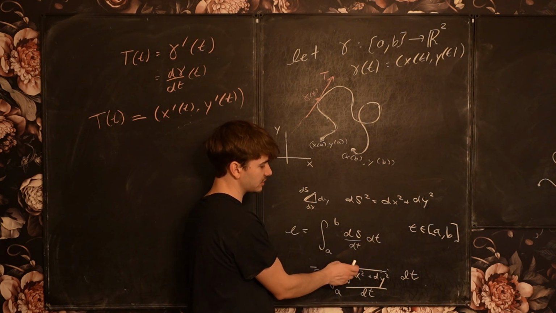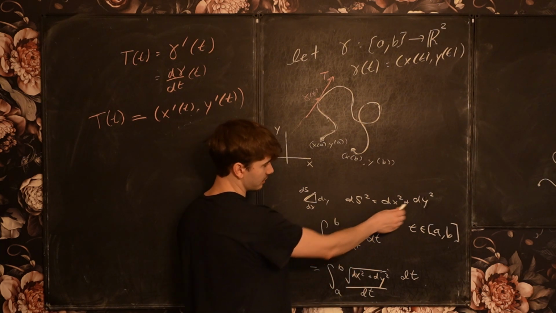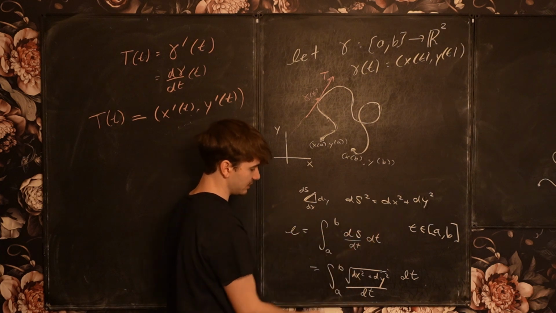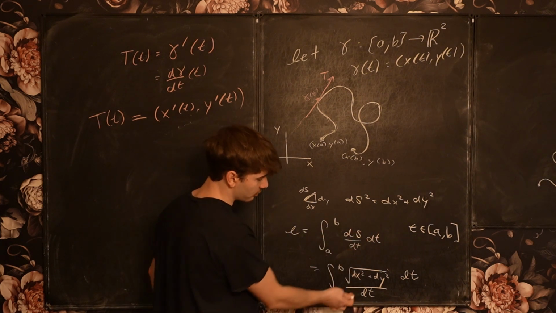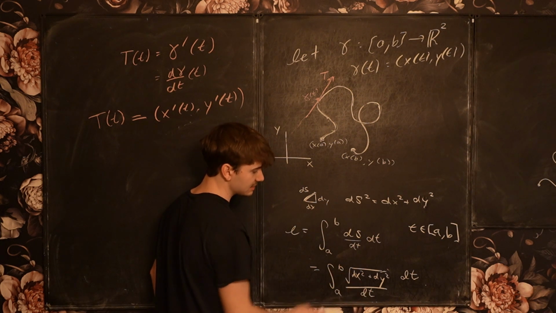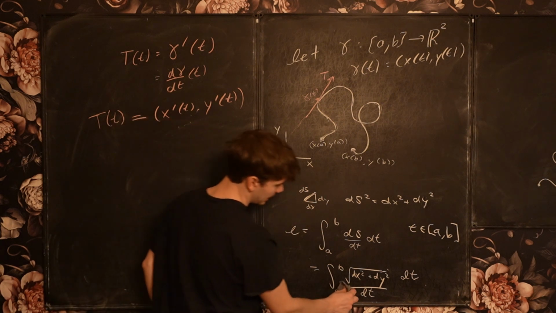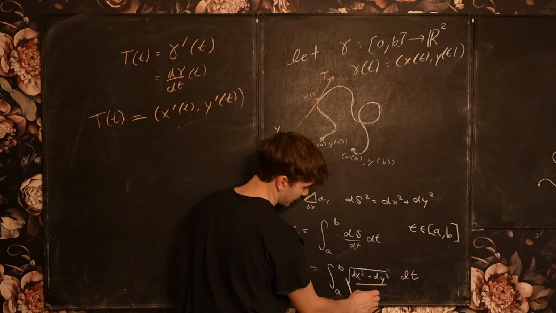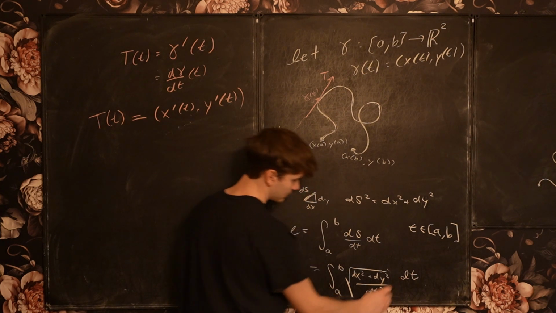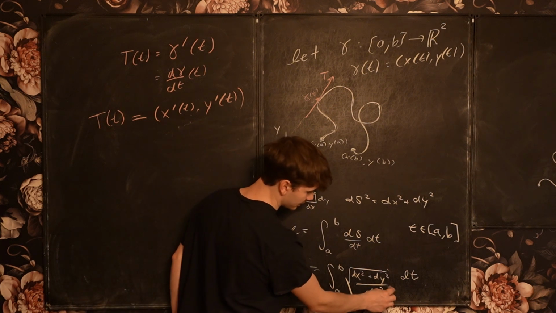So we have this expression here where I multiply and divide by dt. Then if I write ds as the square root of dx squared plus dy squared, I get this expression here. And now I can bring the dt in the denominator inside the square root, okay? And that's going to make it turn into a dt squared, okay? And then I can break this over the addition symbol.